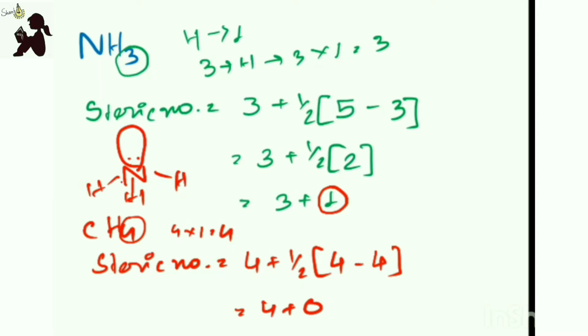The electrons which are bonded to other atoms are called bond pairs. From this formula, after the 3 plus 1, there is one lone pair. So in an exam, just by concluding the steric number like this, you can easily say how many lone pairs and how many bond pairs there are.